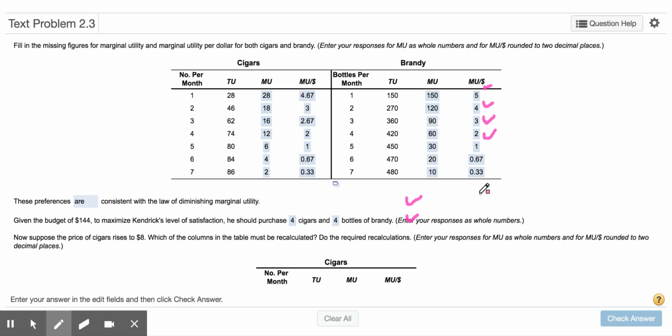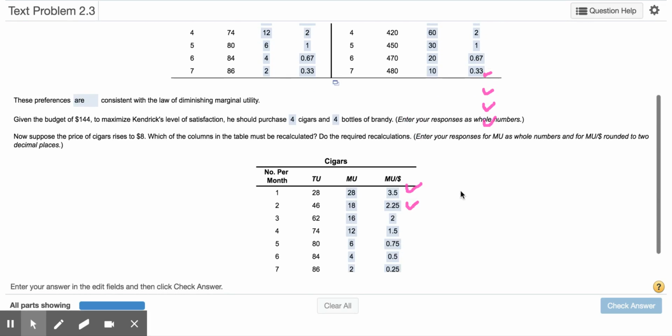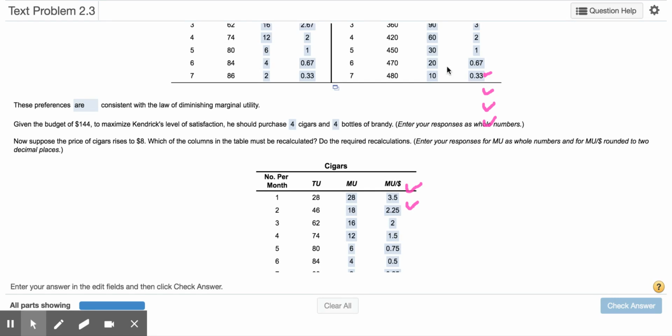So we still have some money to be spent maybe on cigars. Should we spend this money on the fifth unit of brandy? Well, first of all, we don't have the money because we will be moving beyond the constraint, right? And the other reason is if we spend that money on cigars, we would get 2 instead of 1. So of course we should buy cigars.